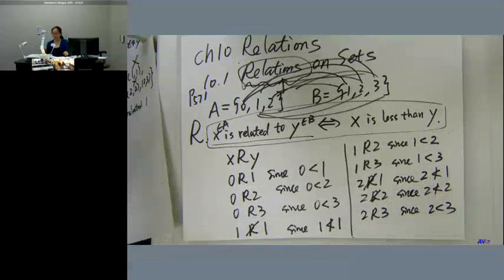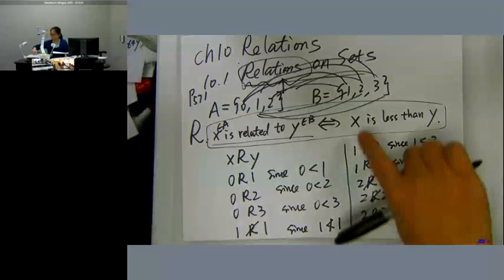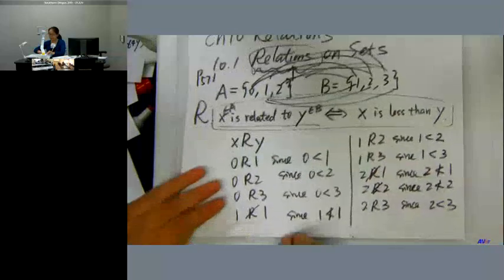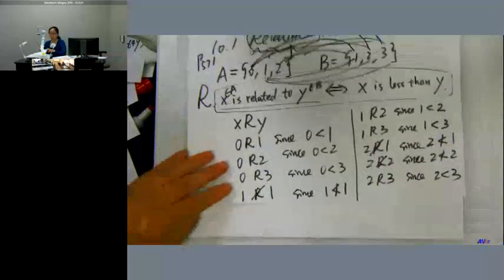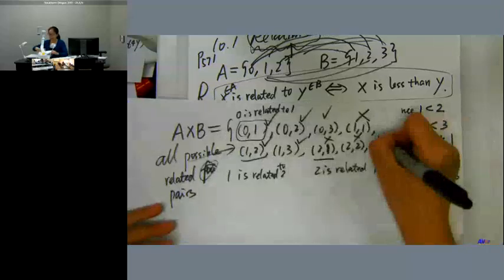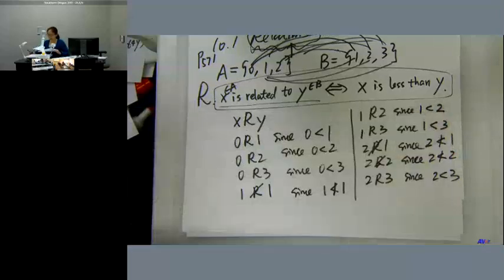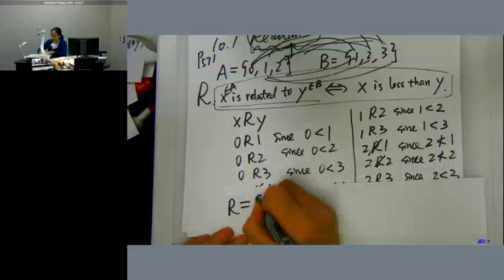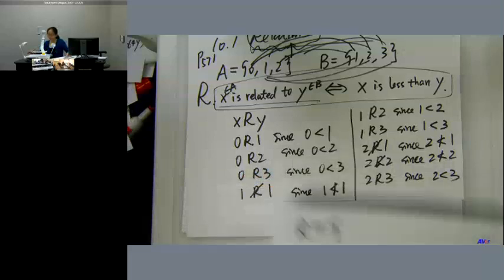So we found out all the ones that will be in this relation. So we can list all of them here. So what pairs will be in this relation? I already marked them here, so you can copy down what we have. This R right here, a relation, can be described as a set of ordered pairs now.